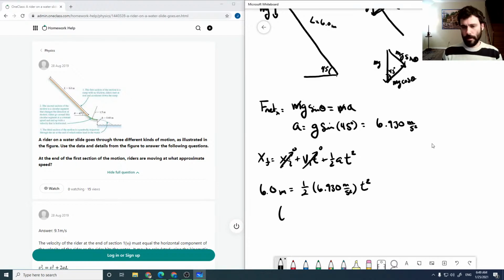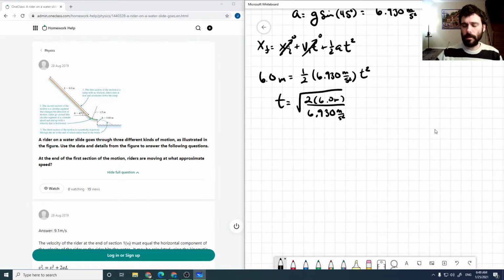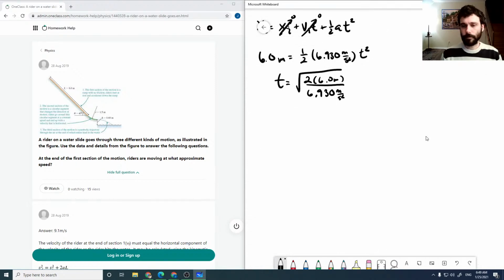So we can say that t is root 2 times 6 meters over 6.930 meters per second squared. Okay, so then we're just interested in velocity, so I'm just going to leave that like that.